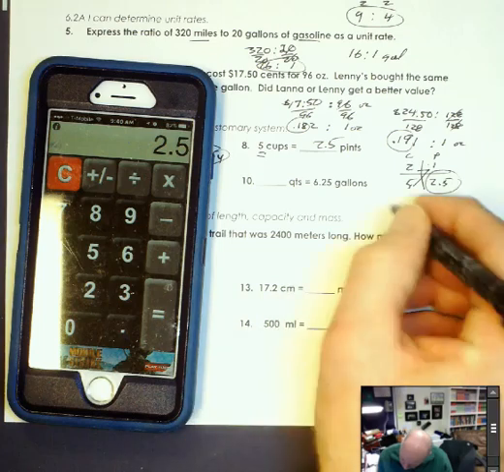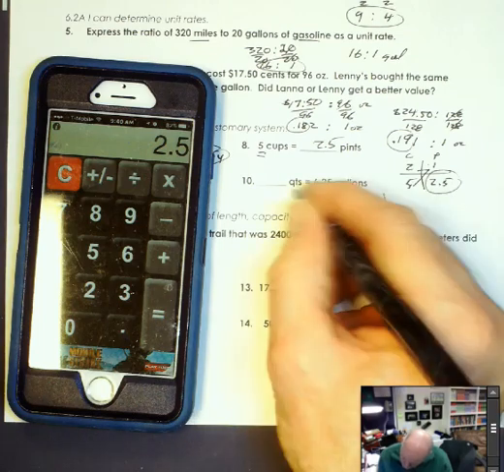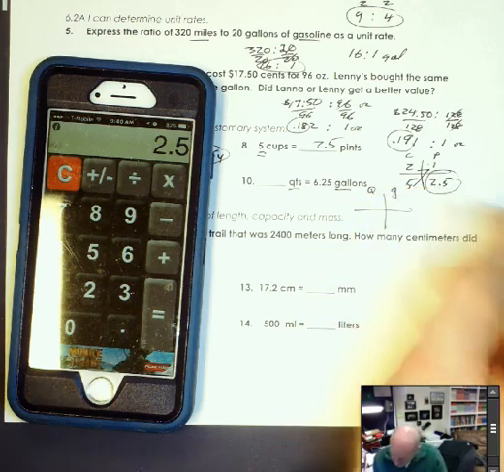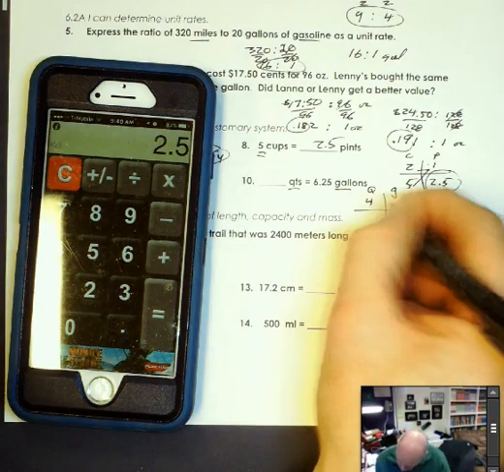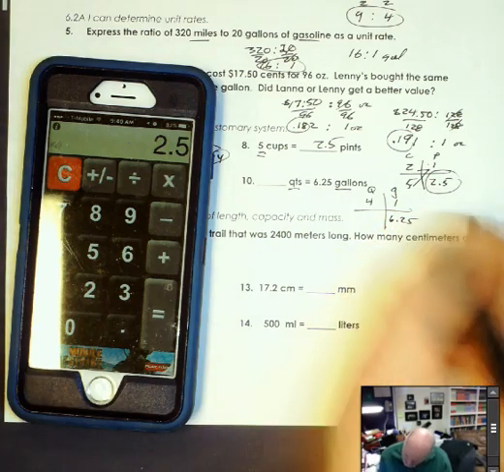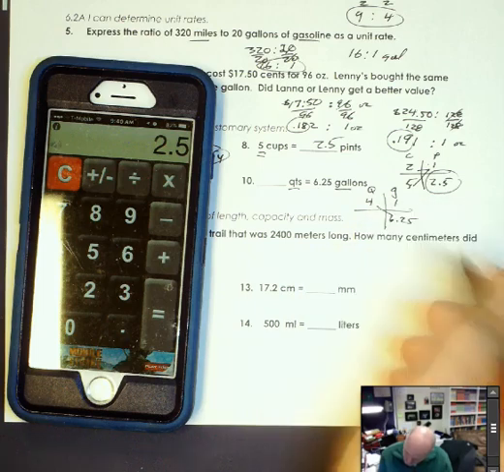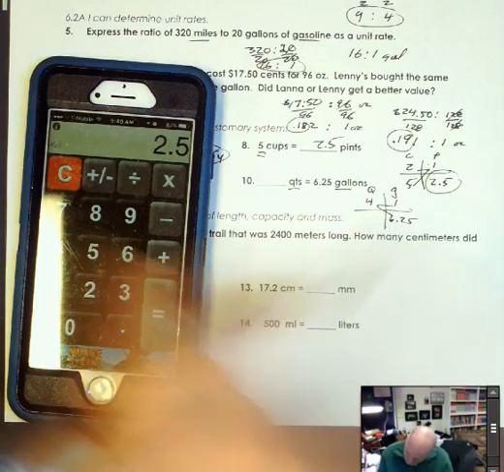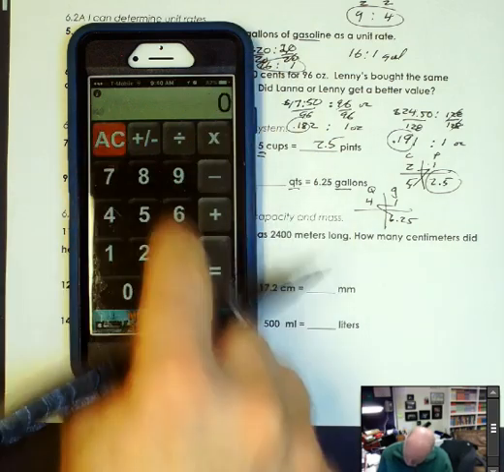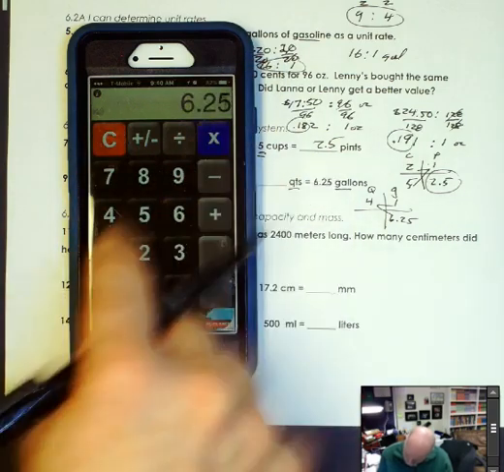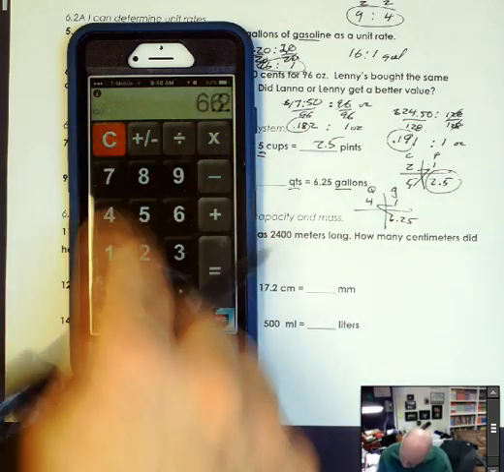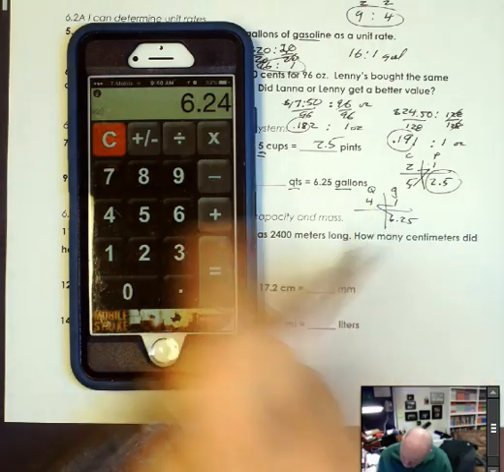All right, one more here I can squeeze in. We've got quarts and gallons. Put that up there, quarts and gallons. Get my unit rate down. We know that there are 4 quarts in 1 gallon. Here I have 6.25 gallons. I multiply 6.25 times 1. Do that real quick. Then 6.25 times 4.